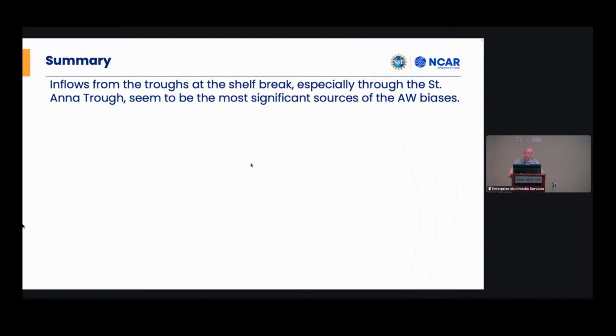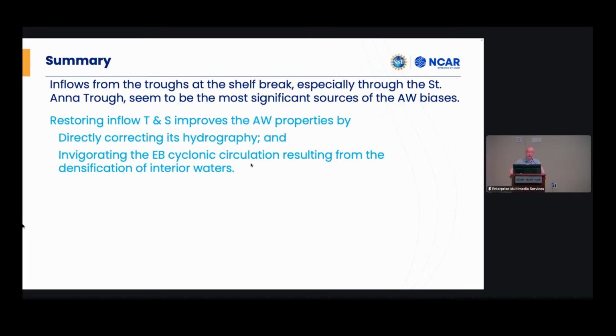Inflows from the troughs at the shelf break, especially the St. Anna trough, seem to be the most significant sources of these biases. Restoring inflow TNS improves the Atlantic water properties in two ways, by directly correcting its hydrography first, and then we are seeing through densification the steric effect and then enhanced cyclonic barotropic circulation in the interior near the boundary current regions.